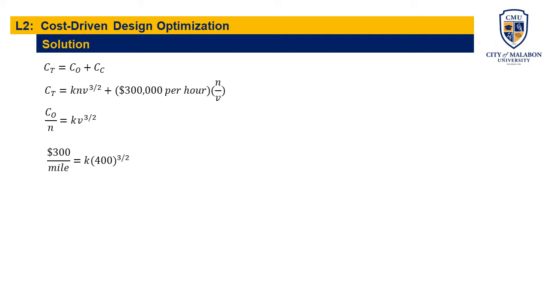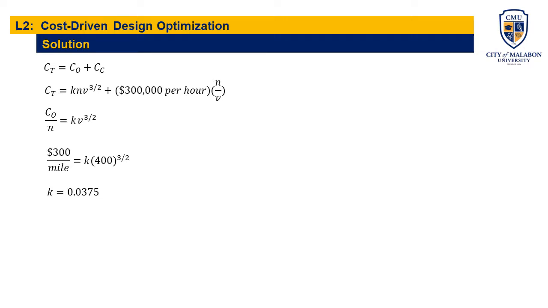It was described in the problem that at 400 miles per hour, the operating cost is $300 per mile. So that is also given in the problem. So with that, the value of K is equal to 0.0375.